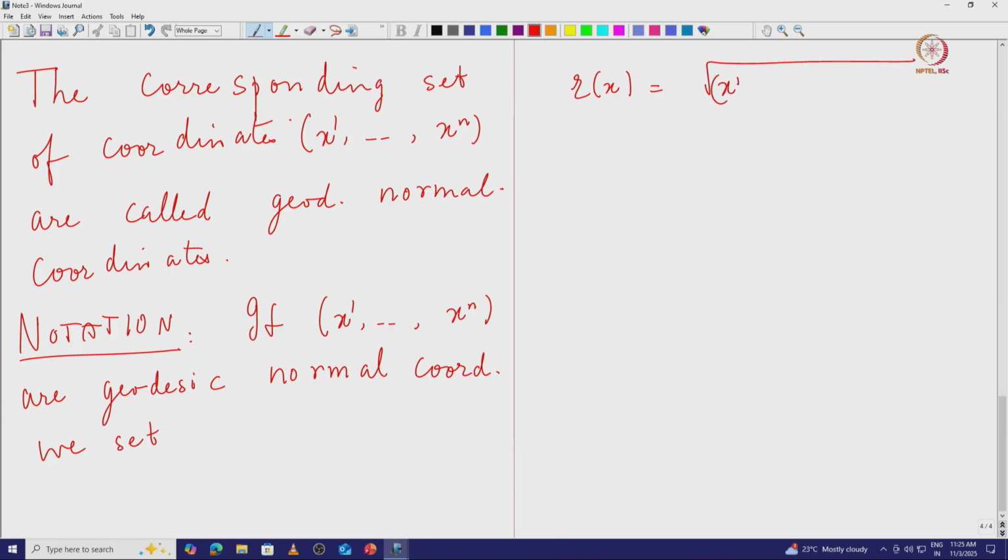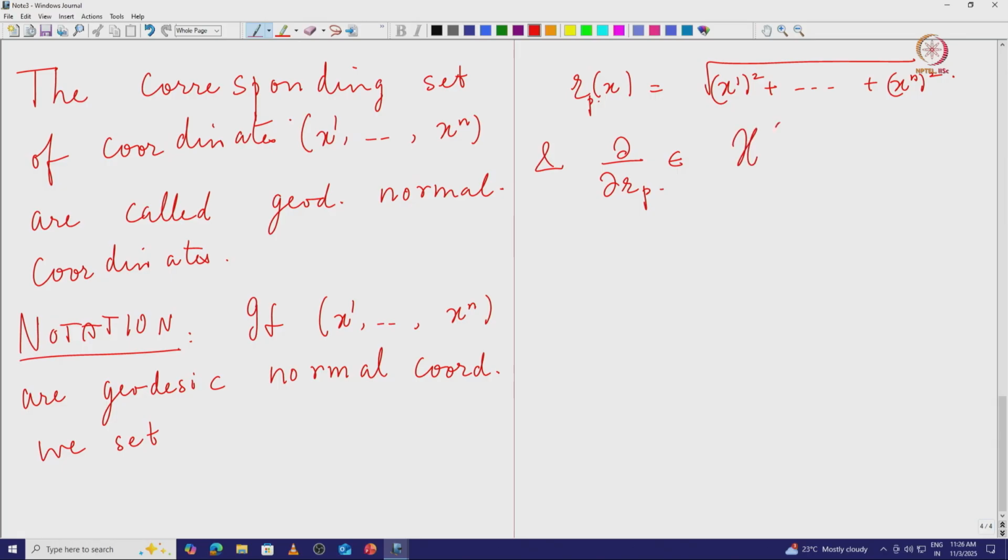So that is just x1 squared etc. up to xn squared and square root. And we define the following, so this is called Rp of x, because p we are fixing, so Rp of x is given by this Euclidean distance, and we also want to define a local vector field.